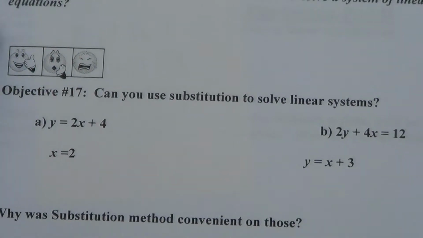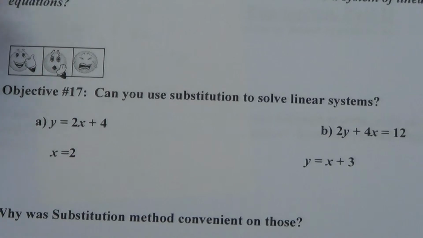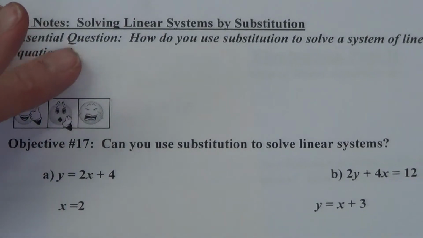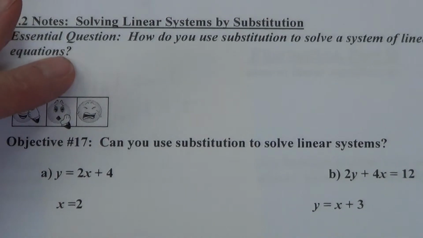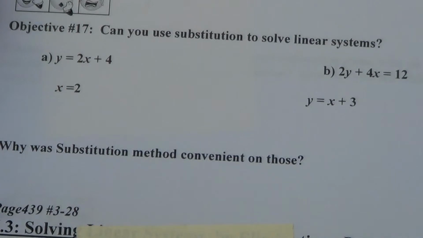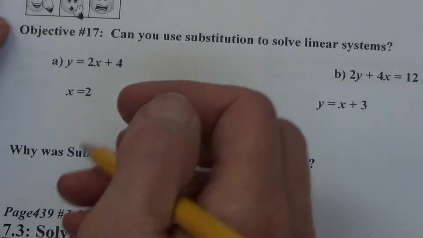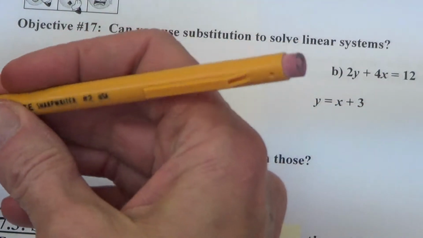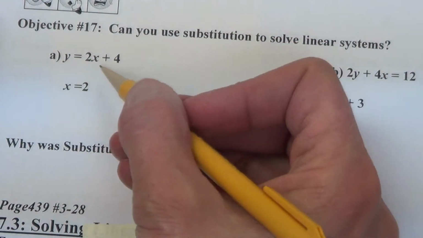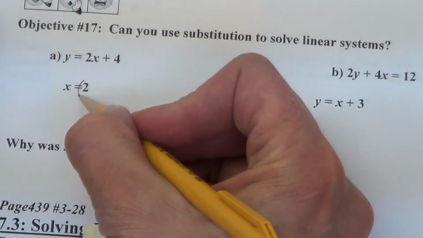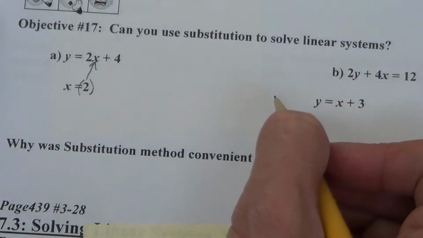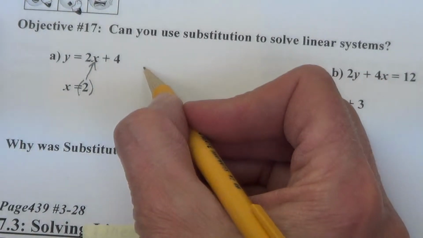How do you use substitution to solve a system of linear equations? You're going to answer that question when you come to class. So when you get done with the notes here in just a minute, go ahead and answer it so you have it ready. Here's how substitution looks. What we do is we take the value for the variable in one equation and plug it into the other equation for that variable. So here we say x equals 2. We're going to plug that 2 in for the x value in the other equation.